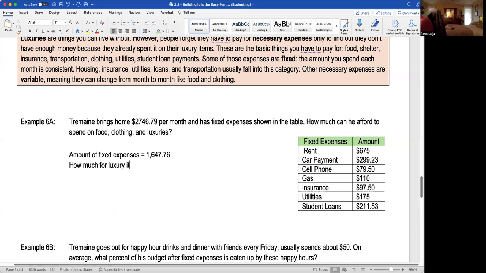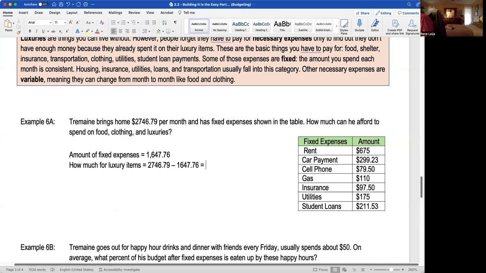All right, so the way we're going to do this is we take what he brings home, 2746.79 minus the 1647.76. So I'm going to subtract 2746.79 minus 1647.76.